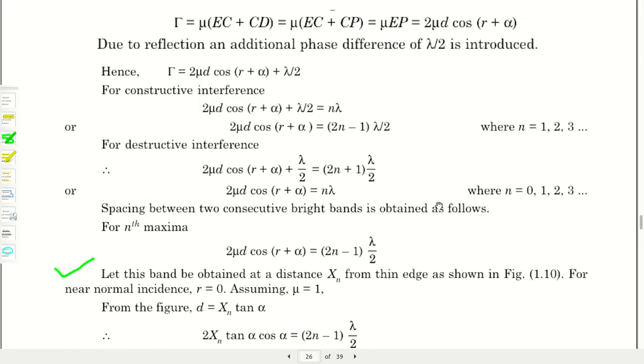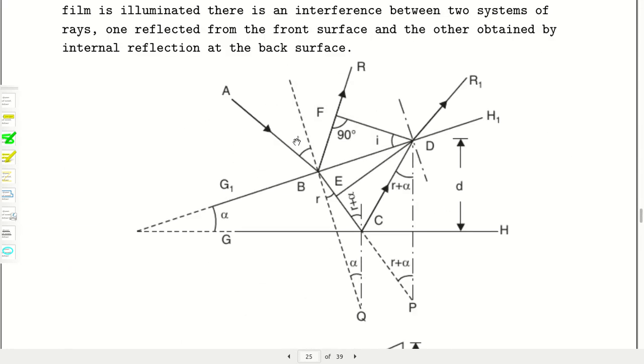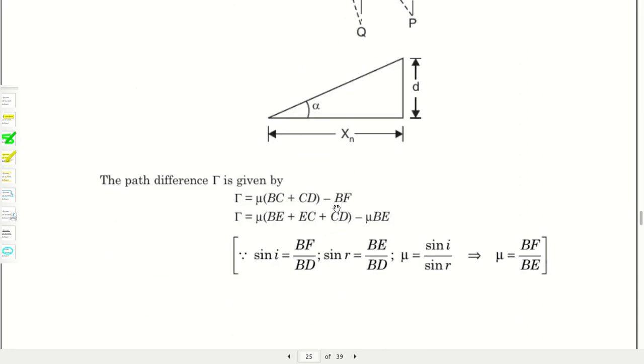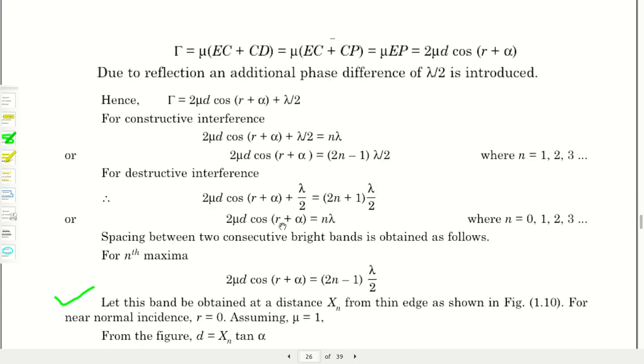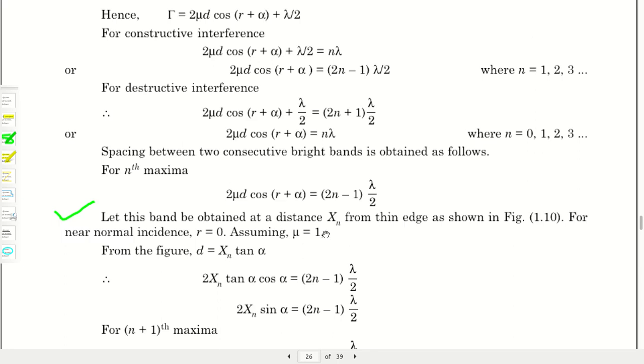So if the ray falls at B along the normal, then r will be 0. So the formula will be simpler with r equal to 0, and also assume that mu is equal to 1. That is, the thin film is made up of air, and the outside medium is another medium. So mu is equal to 1 there.